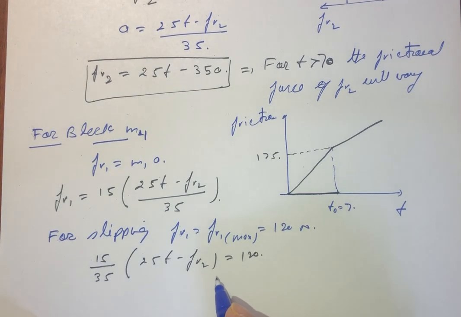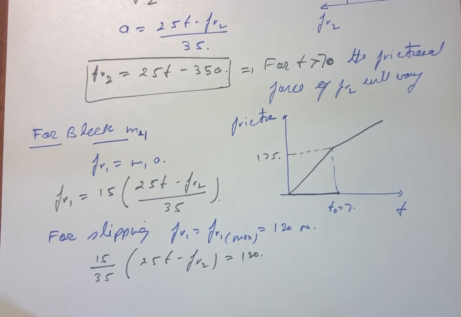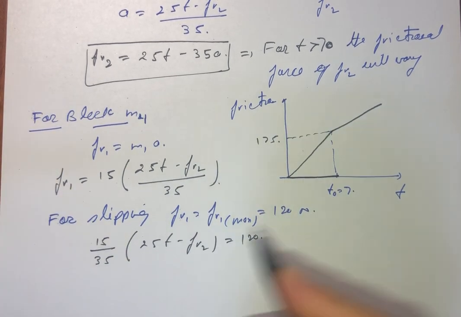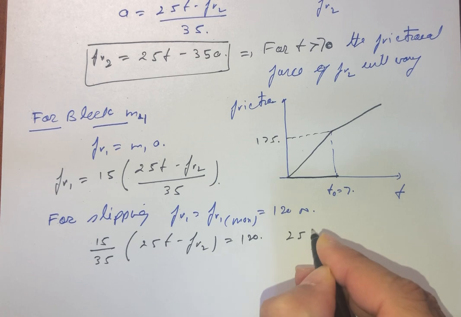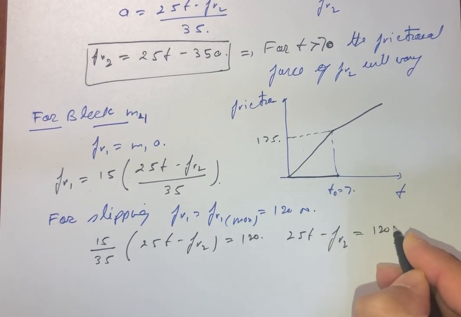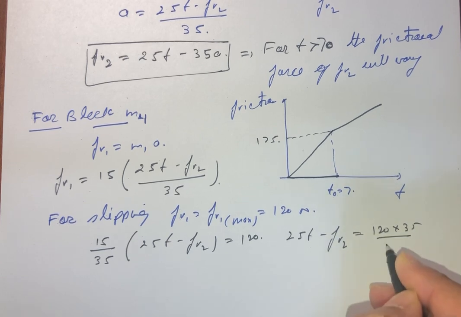Let us solve it further. This can be written as 25t minus FR2 is equal to 120 multiplied by 35 divided by 15.